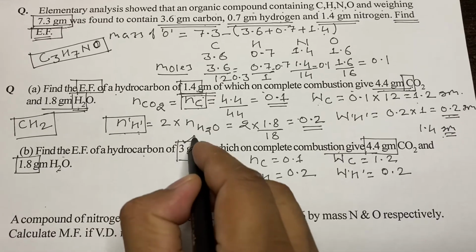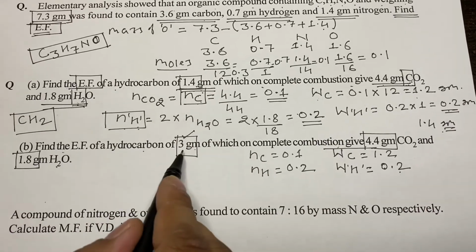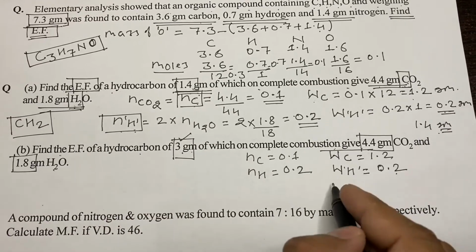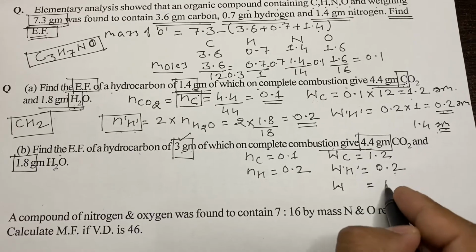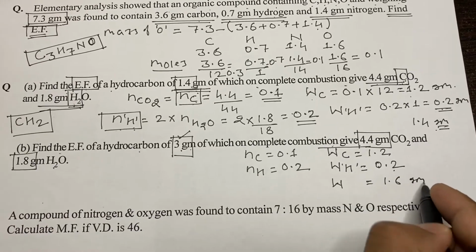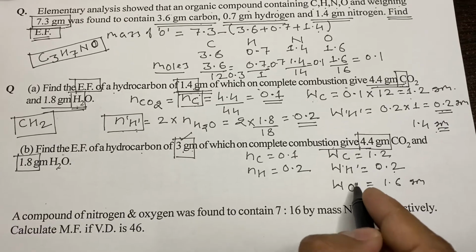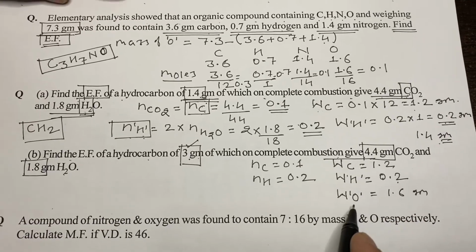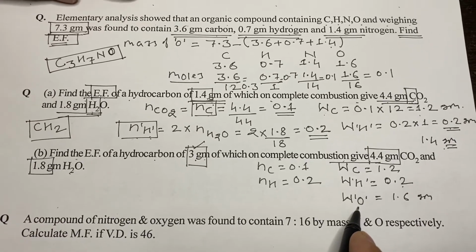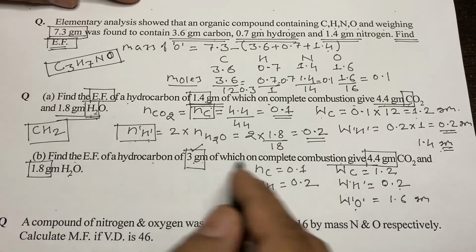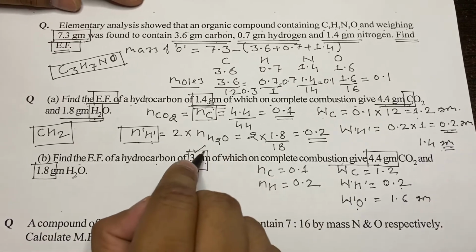When we subtract this 1.4 gram from 3 gram, you will get 1.6 gram, and according to the question, this will be the mass of oxygen. Oxygen will be present in the empirical formula. So when you add this amount, you get 3 gram.